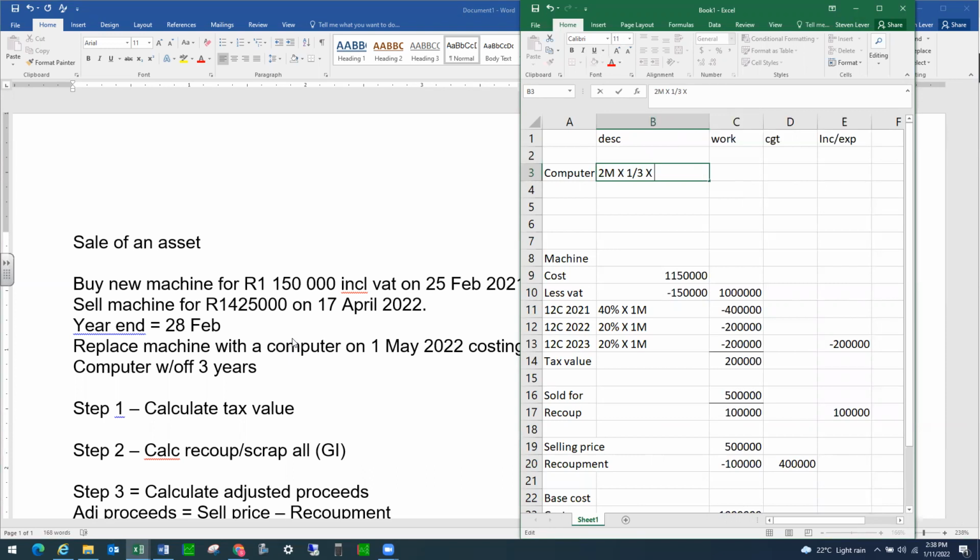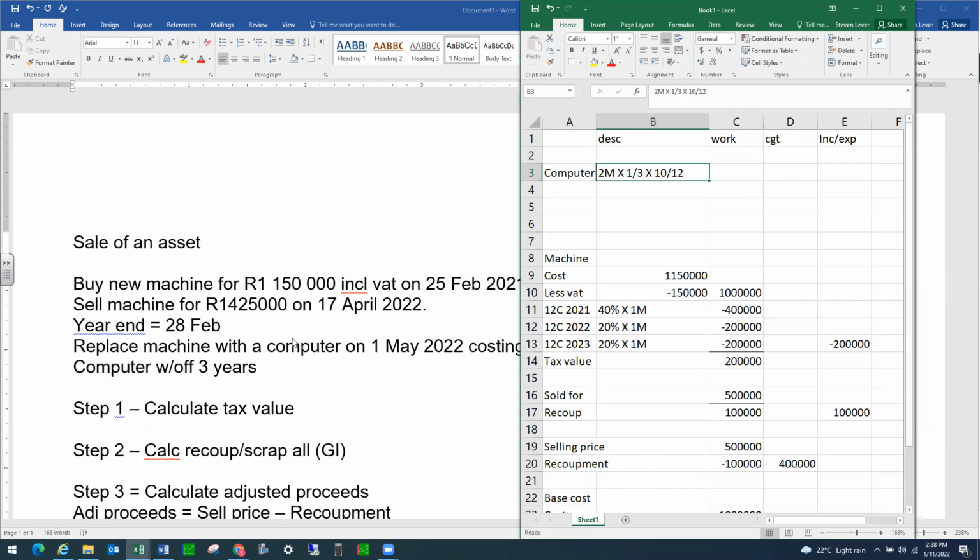Now, if it's bought on 1 May and the year end is 28 Feb, how many months is it going to be written off over? 10 months, so times 10 divided by 12. I really like people to write it out in an exam because this is normally 2 marks at undergrad: 1 mark for 1/3 and another for 10/12.